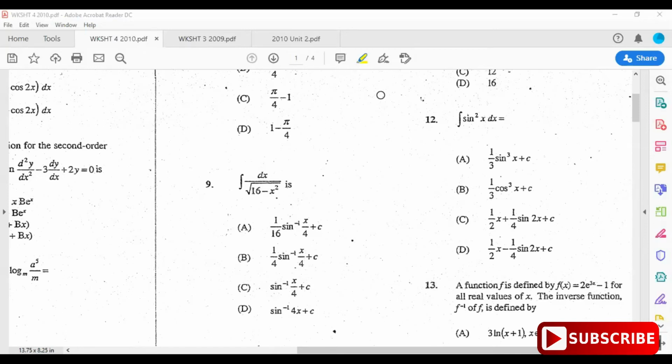All right, so I'm going to write down a rule that you can remember. It's an easy rule. The integral of a over the square root of a squared minus x squared is equal to sine inverse of x over a.